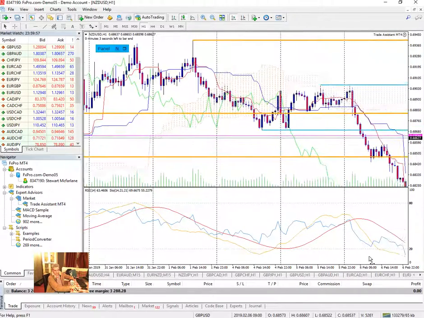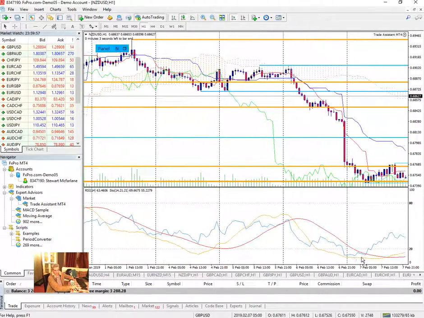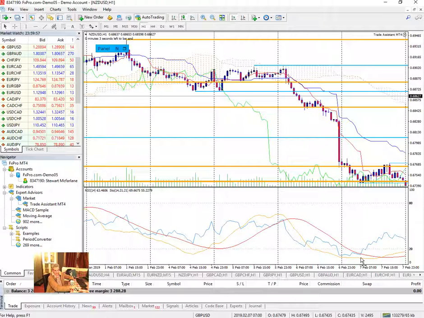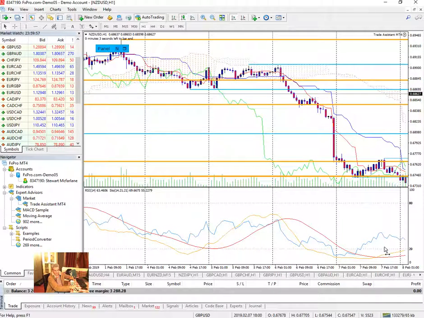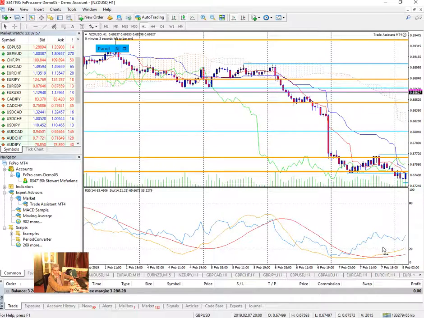Don't know if you would have been able to pick that up, but okay, so that looks like it's going to go up a bit, but there's no guarantee yet. That looks like it could turn around, but no guarantee yet.